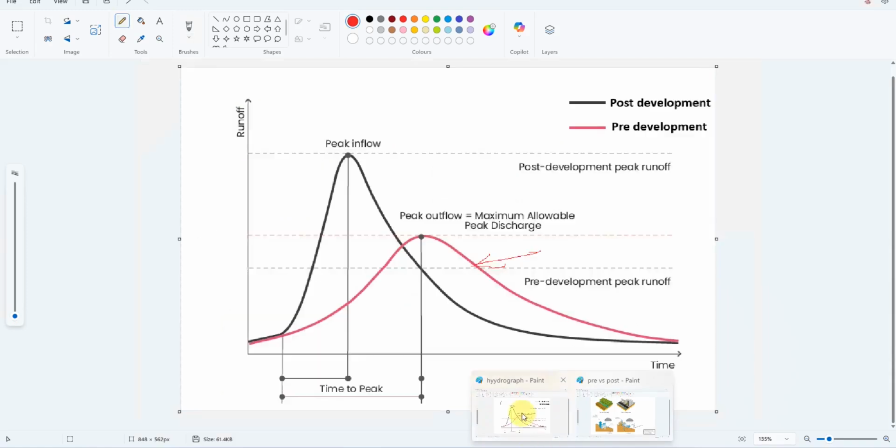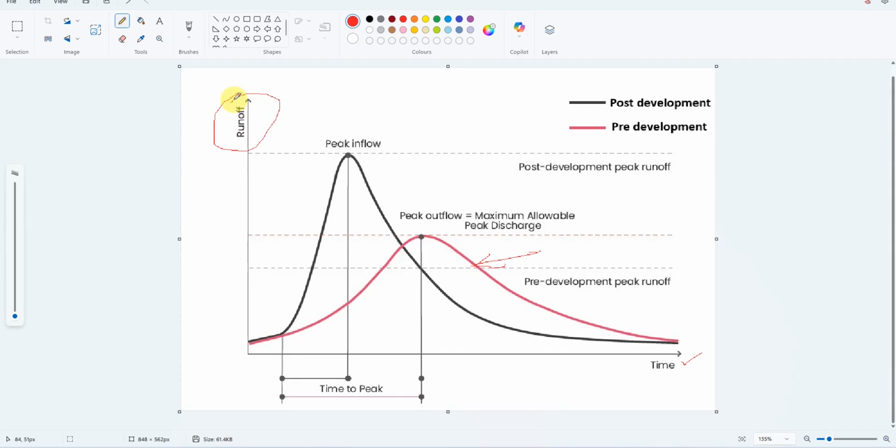Can you see this graph? I have plotted the duration of the storm on the x-axis and the runoff depth, or you can say the runoff rate, on the y-axis.